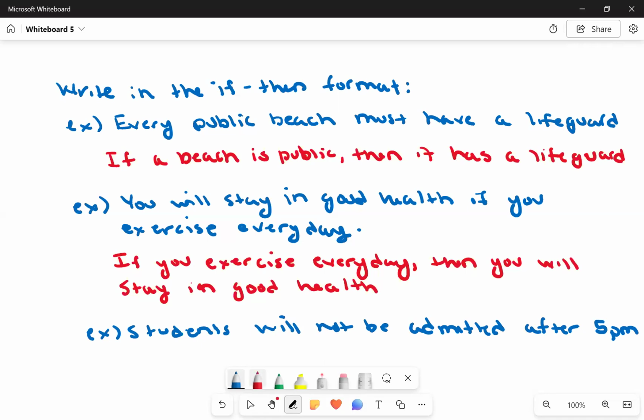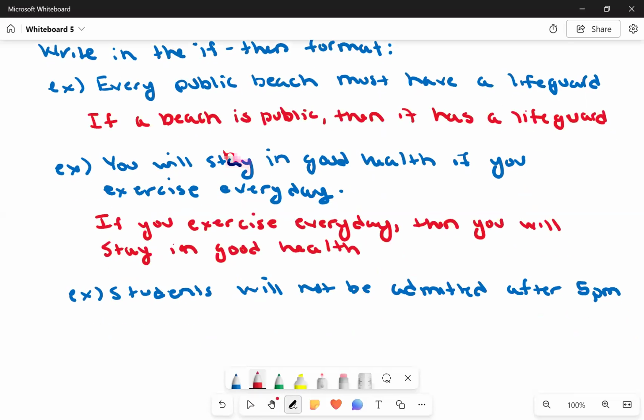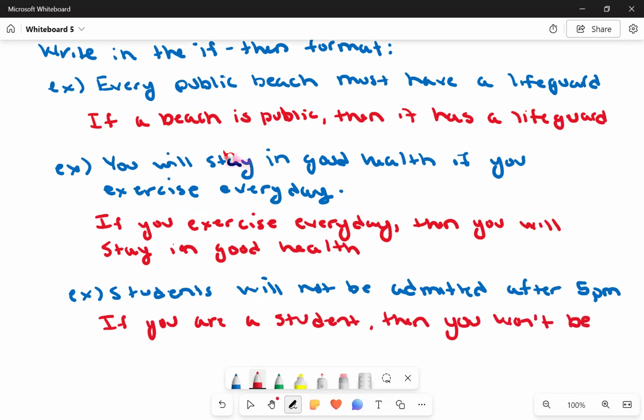So let's try to set that up as a clean condition for the if-then statement. Okay, so let's say if you are a student, because really that's the basis of this. If you are a student, then you won't be admitted after 5 p.m. That's saying it simplistically.